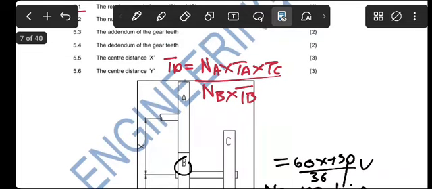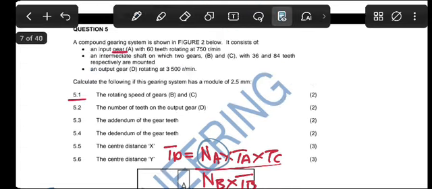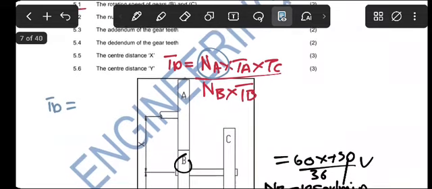So we can have now TD. We will substitute the speed of the first gear, gear A, which was given there as 750.